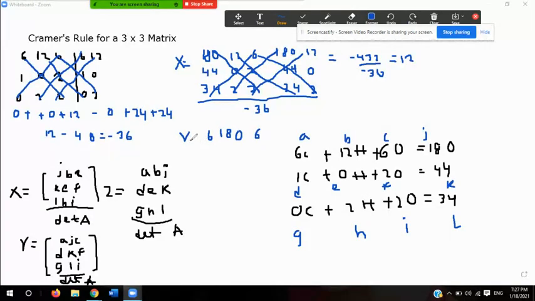And then over D, K, and F, which in this case D is 1, K would be 44, and F would be 2.